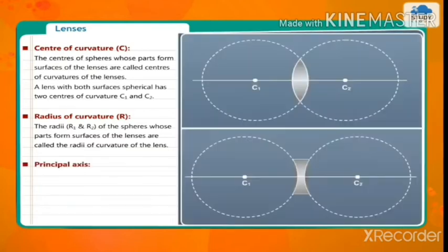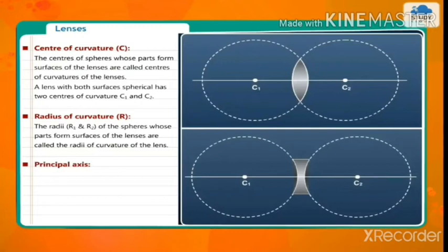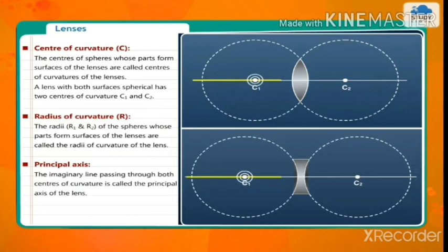Principal axis. The imaginary line passing through both centers of curvature is called the principal axis of the lens.